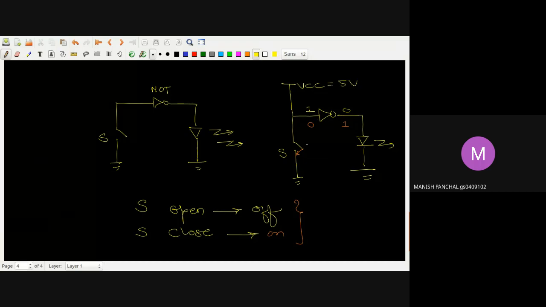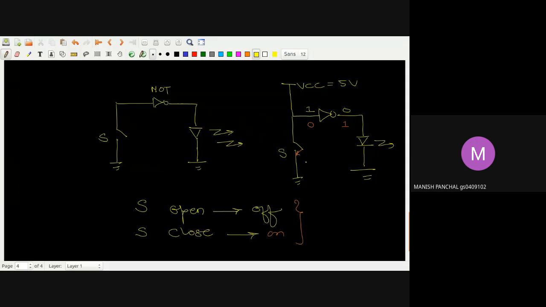When you close the switch, you are immediately trying to short circuit the VCC with the ground. It may be possible that it has a very high potential of 5 volt. As per the IC's logic, we will have to put a resistor so that the voltage remains only at the output. If I directly close this, the problem can be that the circuit here can burn, because you are suddenly grounding VCC. So there is a possibility that this circuit, if it is very slow in the response, may be burned, or may lead to some malfunctioning.